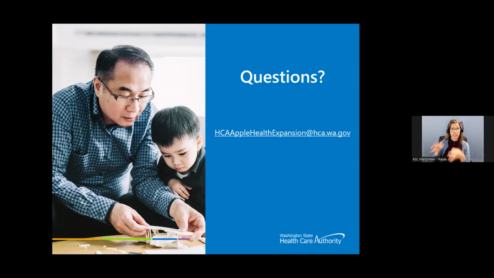If they apply through DSHS, it may take several days for DSHS to process the application. That's because of the difference in how applications are processed with DSHS, which is a manual process, versus Health Plan Finder, which is a live decision. All right, thank you.